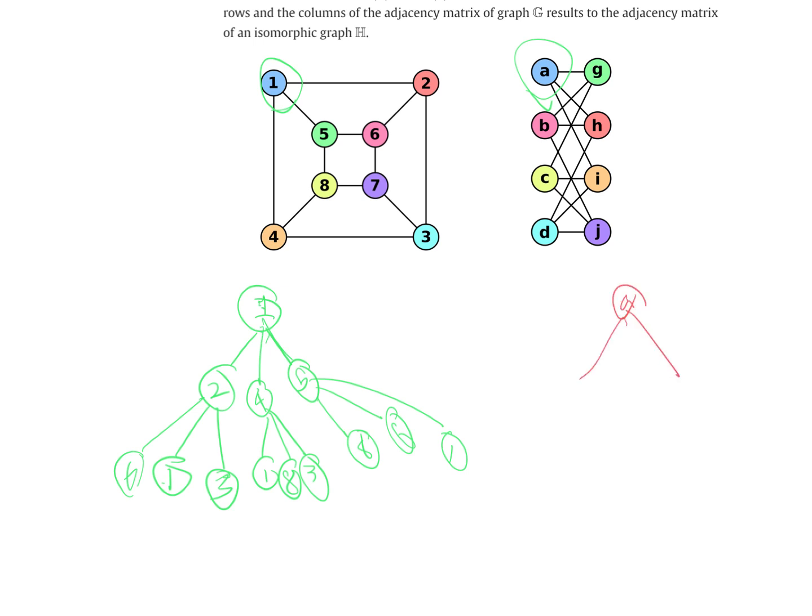A would have neighbors B, I, and also G, right? Is it correct?